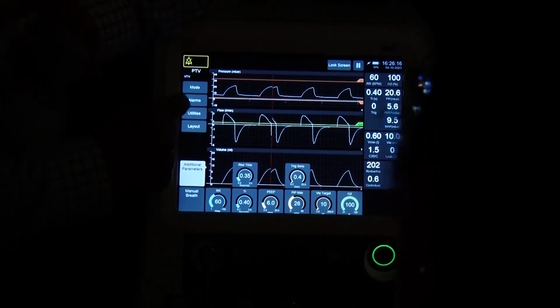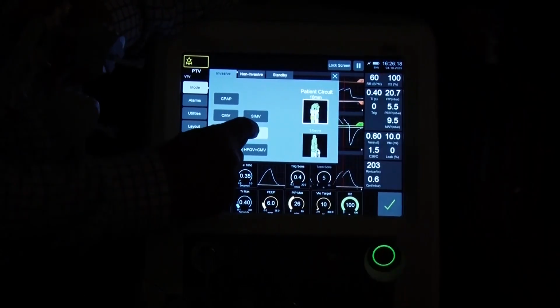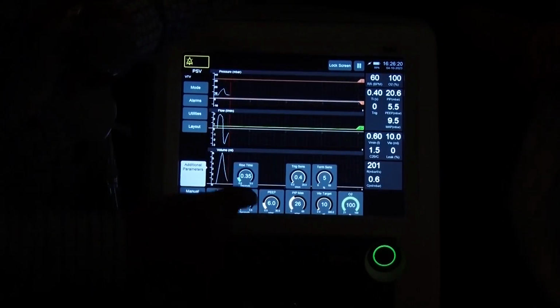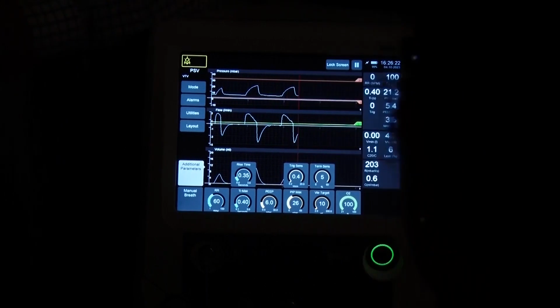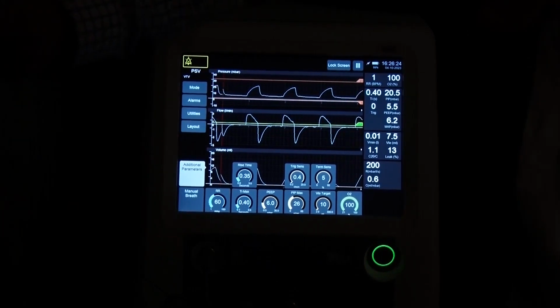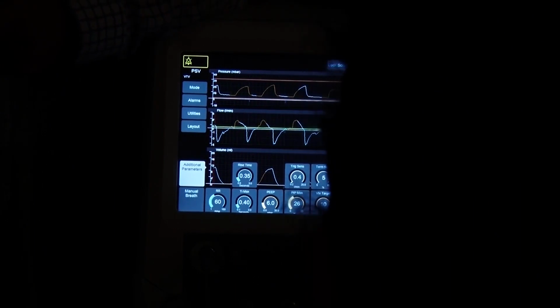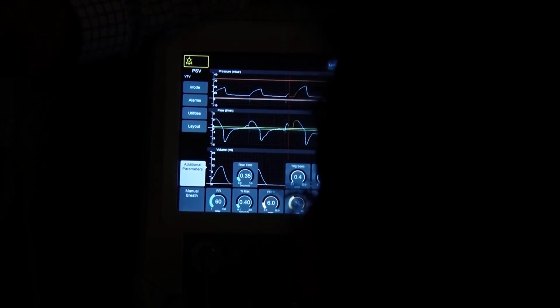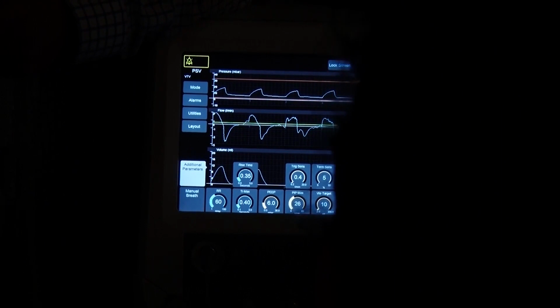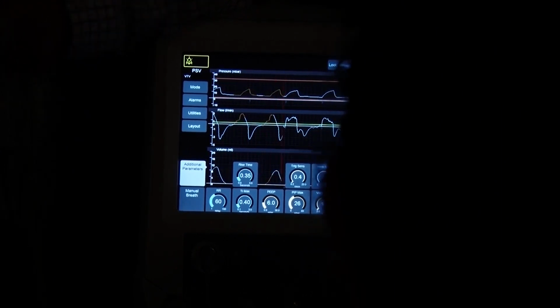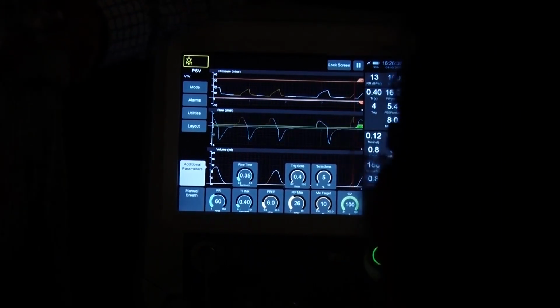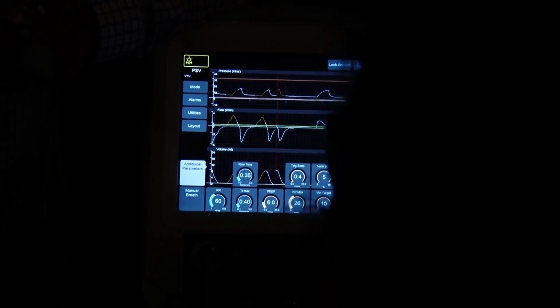This is something I've done occasionally as well if I'm in PSV, which, as you said, is a mode where we're triggering inflation. On SIMV we trigger inflation, but we don't trigger expiration. So our I time is always fixed, even if the baby wants a shorter I time.